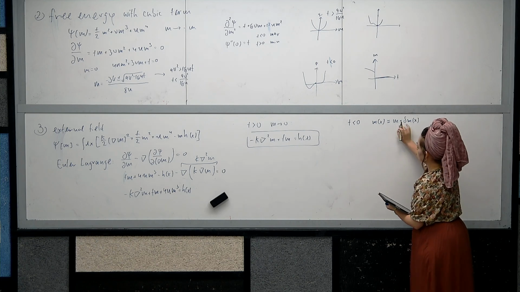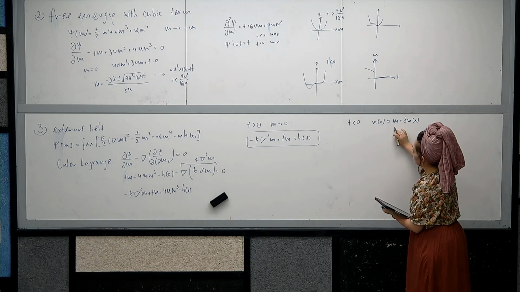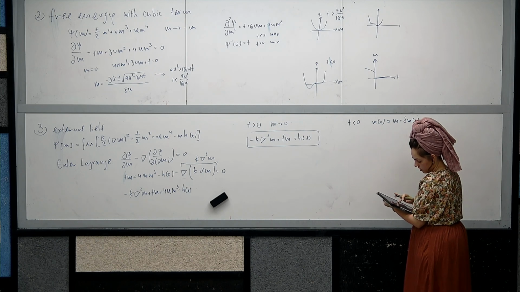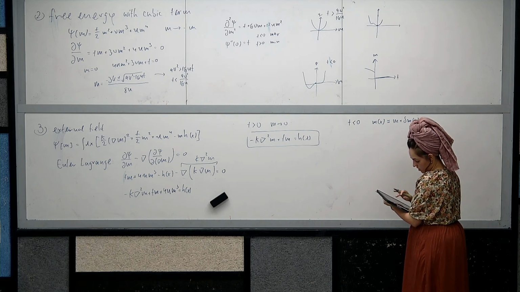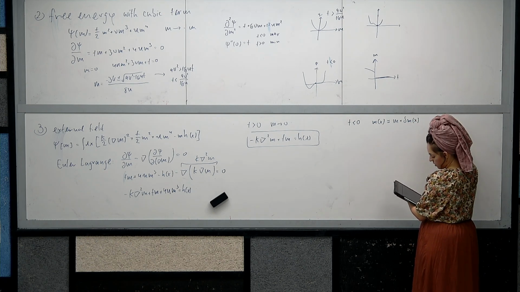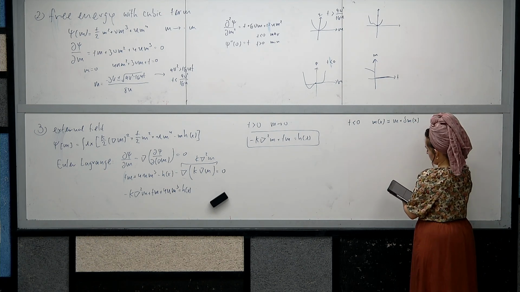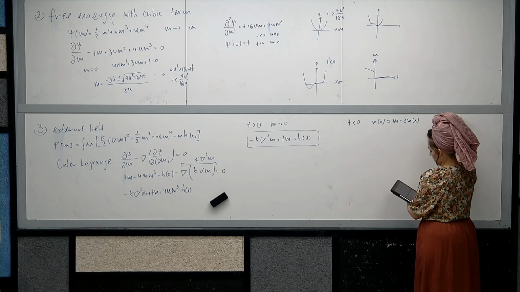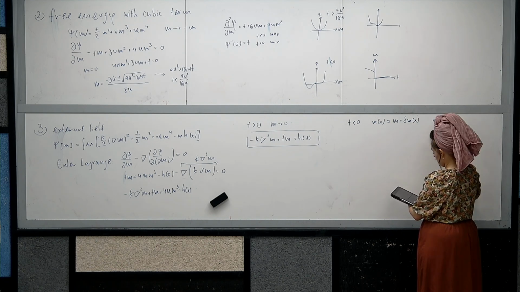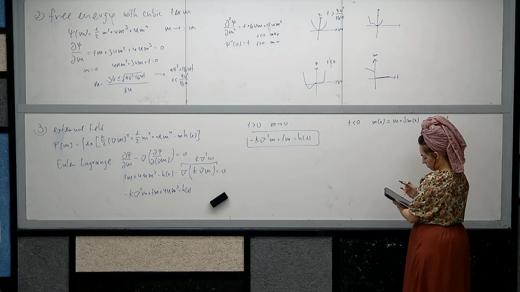And we know what this m is: m squared equals minus t divided by 4.